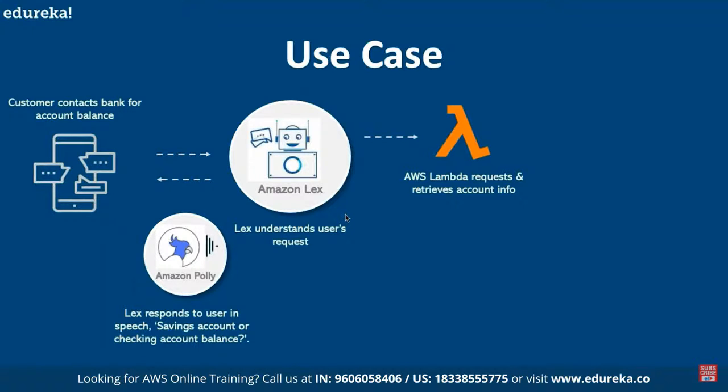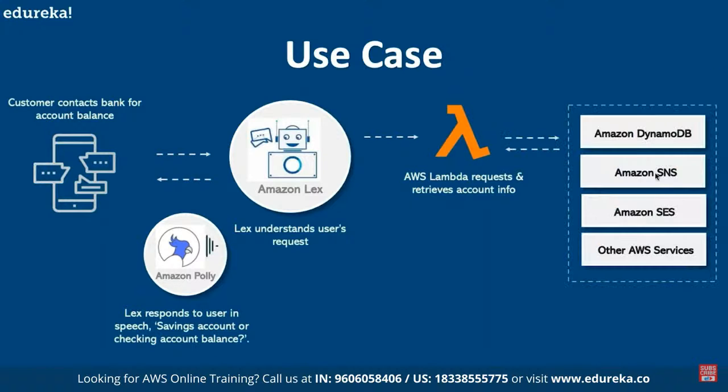Lambda is basically a serverless computing platform. So we can choose Lambda to process the input given to us by the end users. And then once the input has been processed, we are going to send the response back to the users that their request has been processed successfully.